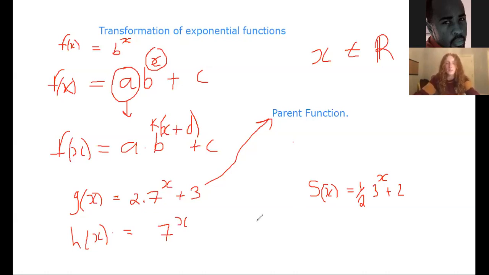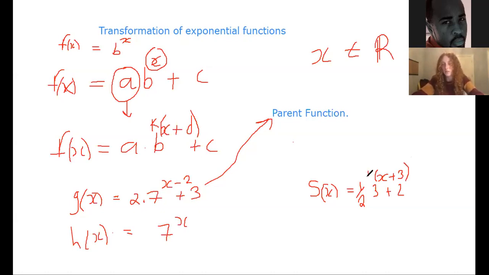So next one, can you describe this transformation here? Vertical compression. Scale factor of what? 2. Go ahead, describe that transformation for me. It's been vertically compressed by a factor of 2, and it has been translated up 2.